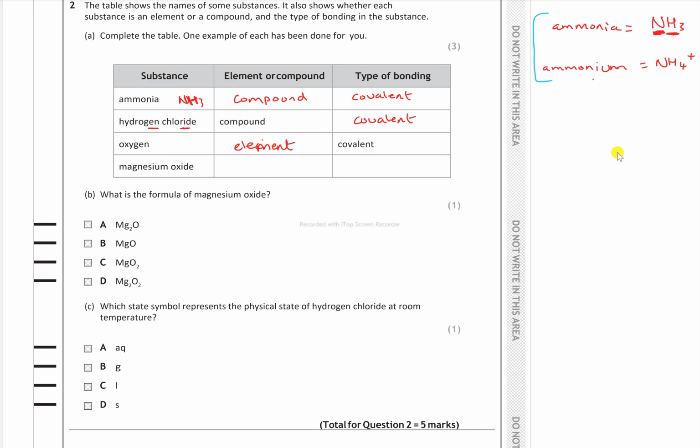And it runs around in pairs. So remember what we said, it's covalent. We know it's called a diatomic. Magnesium oxide, metal, non-metal, that makes it ionic. Magnesium is a metal, oxygen a non-metal, and it's going to be a compound.